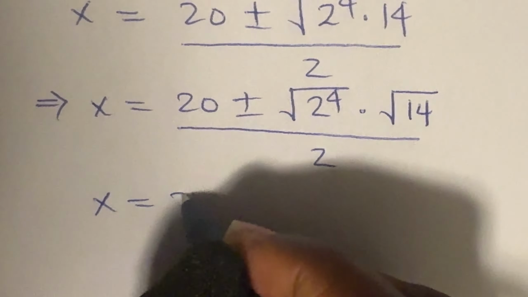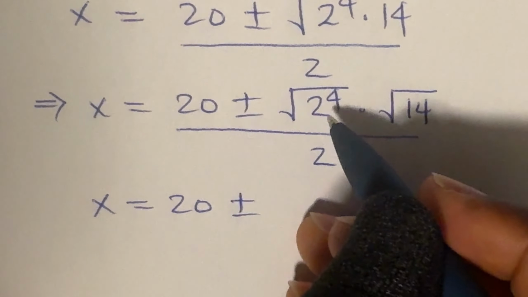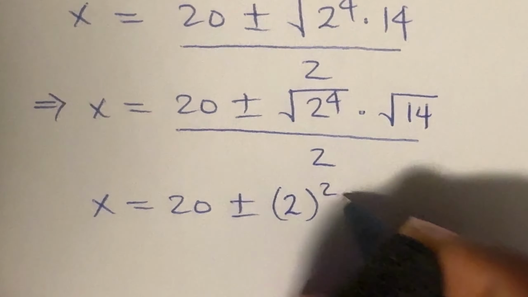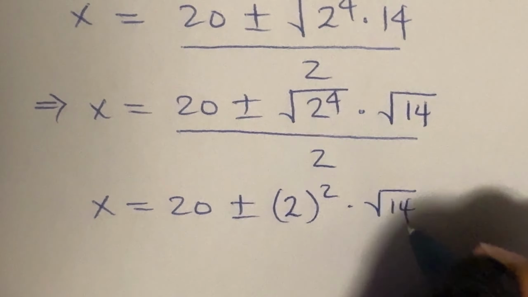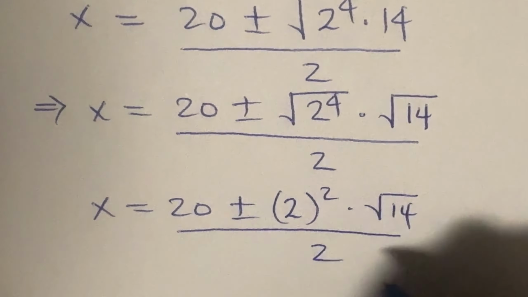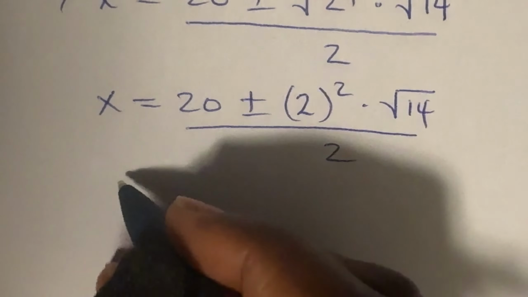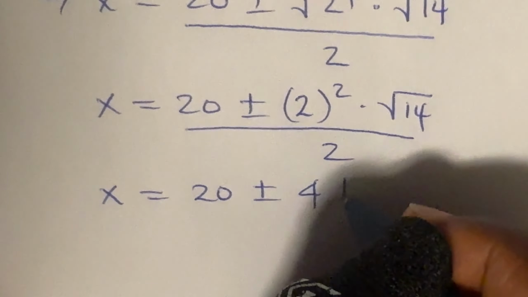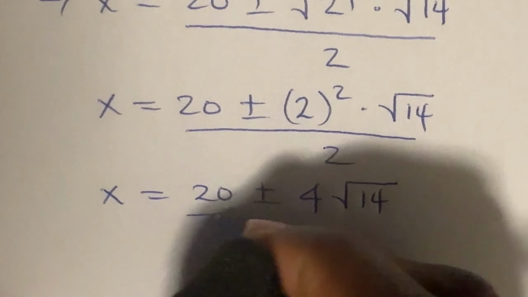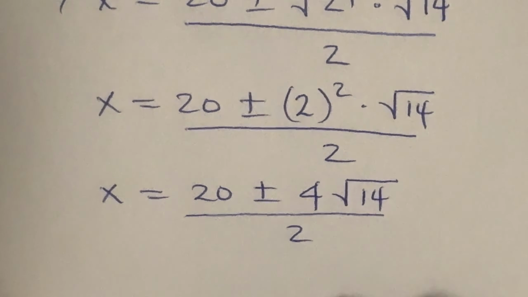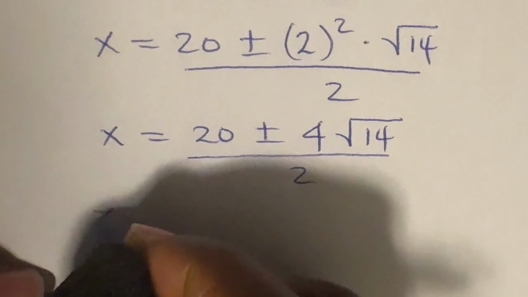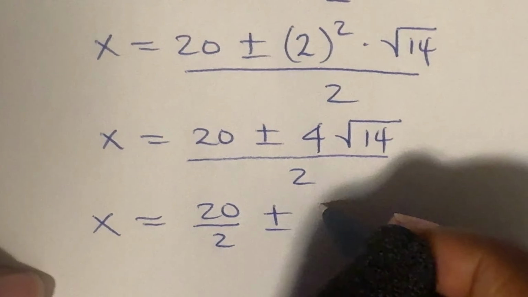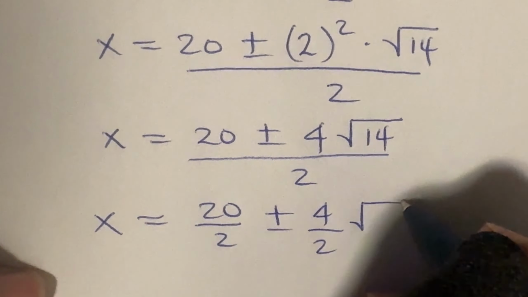Square root of 2 raised to power 4 will be 2 raised to power 2, times square root of 14, divided by 2, giving us x is equal to 20 plus or minus 4 root 14 divided by 2, which we can separate into x is equal to 20 divided by 2 plus or minus 4 divided by 2 root 14.